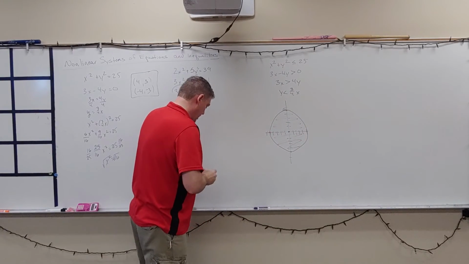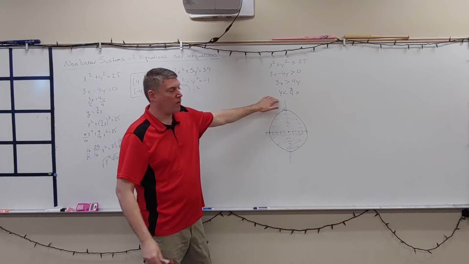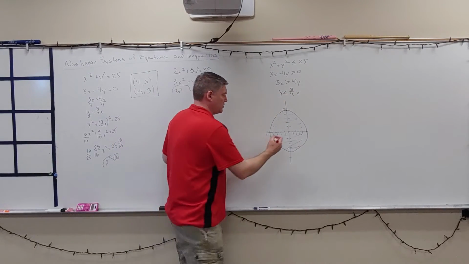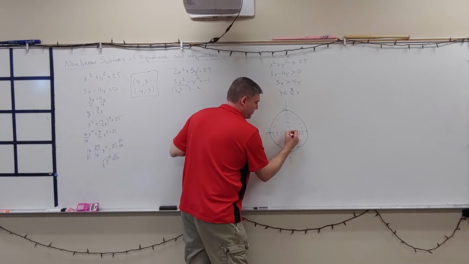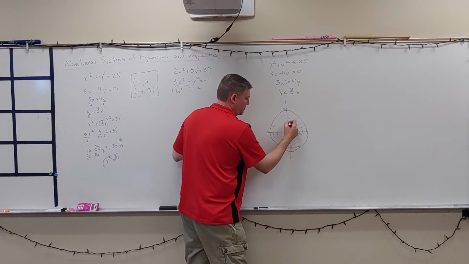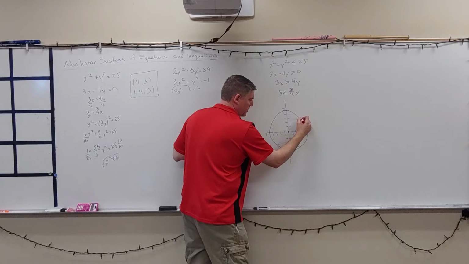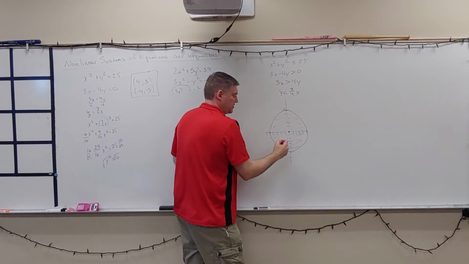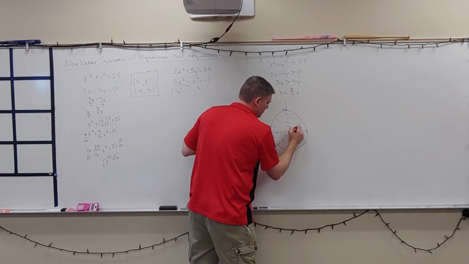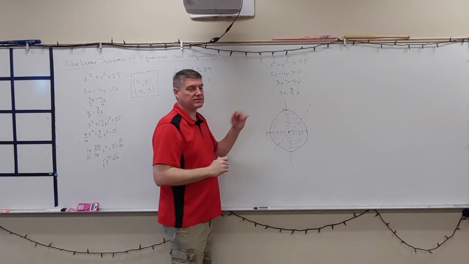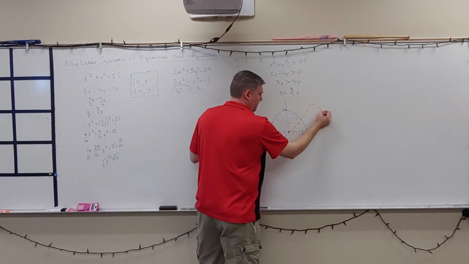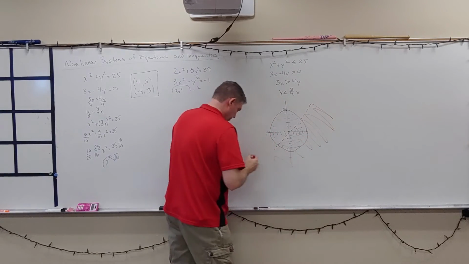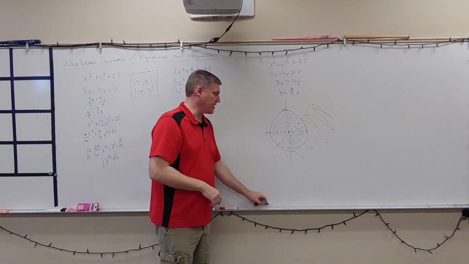Now I come to my line. y is less than 3/4 x. I'm at the origin here, so I'm going to go up 3, 1, 2, 3, over 4, up there. I notice that it is not equal to, so it's a dashed line. And it's less than, so I'm going to shade below. It's that commonality that we're looking for.